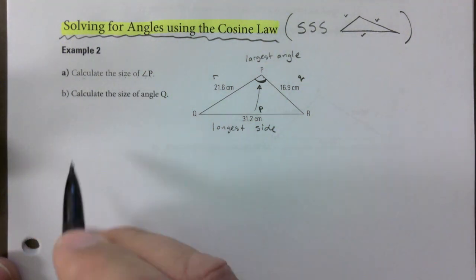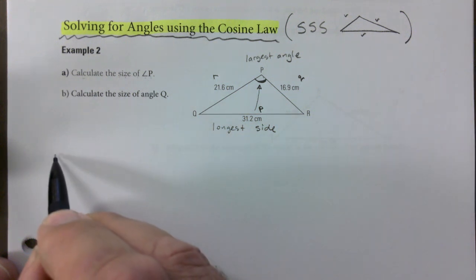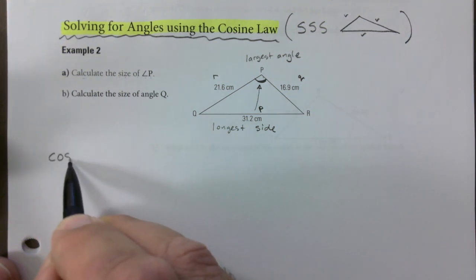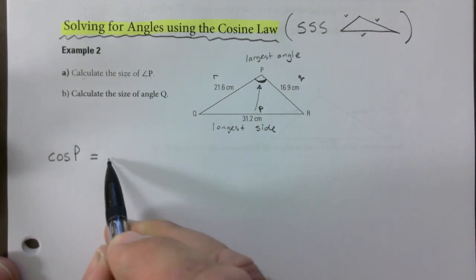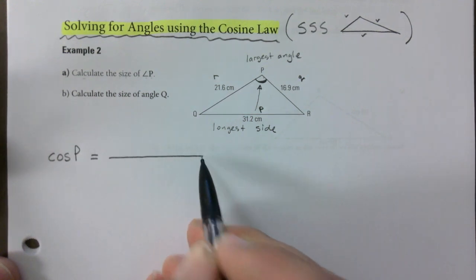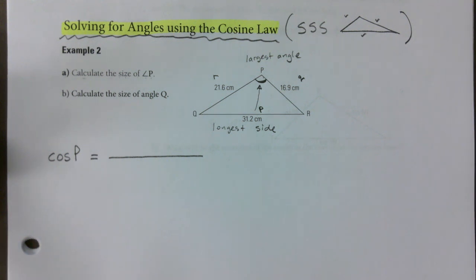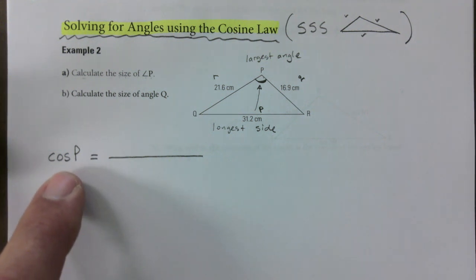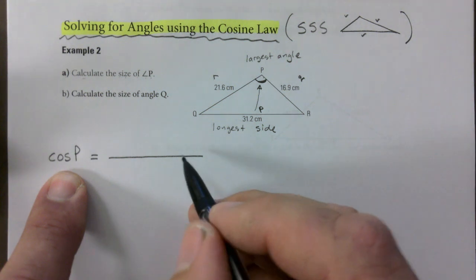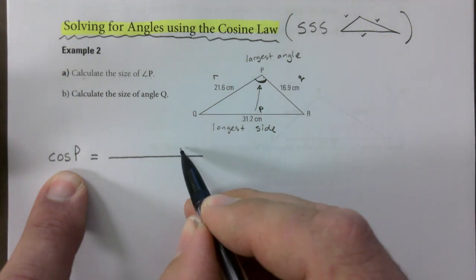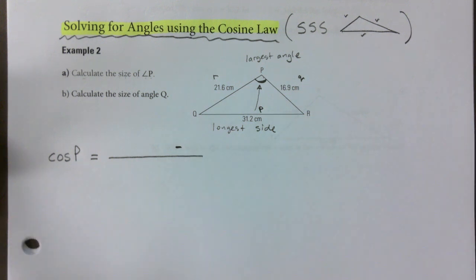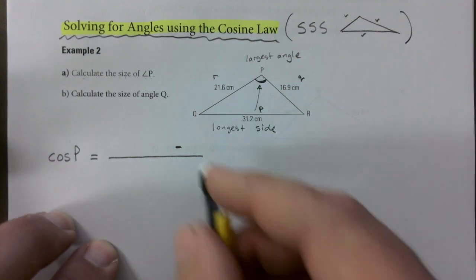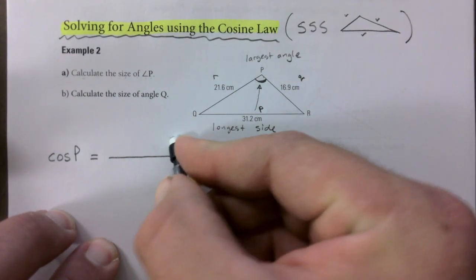And so to find p, you have to start like this. Cosine of angle p is going to be equal to, what's important when you do one of these is perhaps to start with this part. The formula calls for negative, I'm going to use a different color, just like I did in the formula.